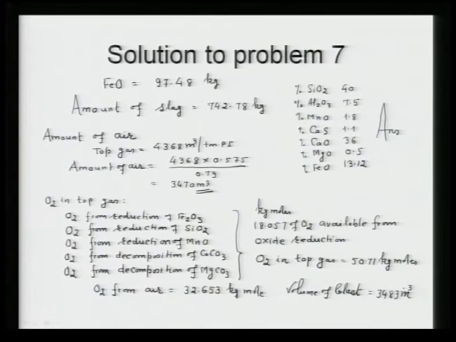Now, in the comment you can only say that there is a small difference of let us say 13 meter cube, which may be due to the rounding off in calculation of the oxygen input from reduction of iron oxide, or there could be some error in the composition of top gas, but however, the error is not that significant.